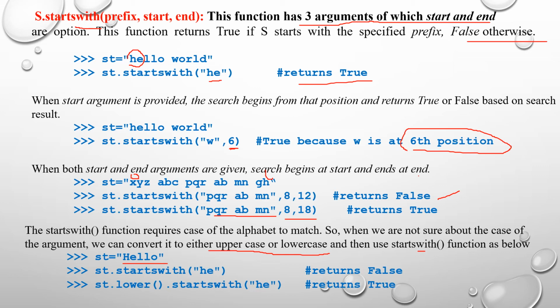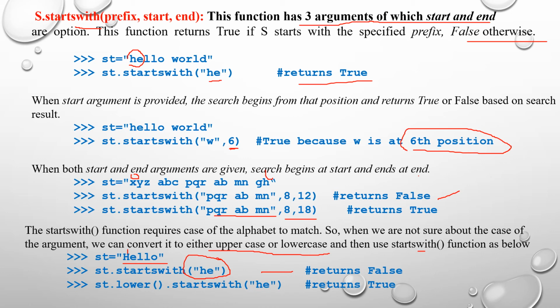So st.startswith("h"). This instruction returns False, because the string has H e l l o, where H is uppercase, and the argument is a small letter h. That's why this instruction gives False.